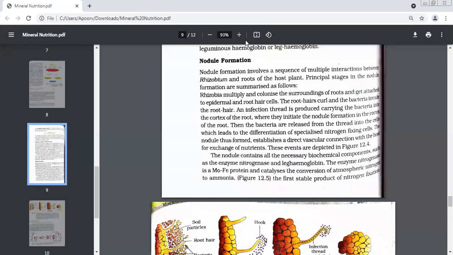I told you the definition also yesterday. And then I told you that this process you must have done in class 9th. Differentiation. It differentiates to form specialized nitrogen fixing cells. Yes, differentiation. What was the meaning of the word differentiation, which I told you? When meristematic cells become permanent cells and take up a specific function.